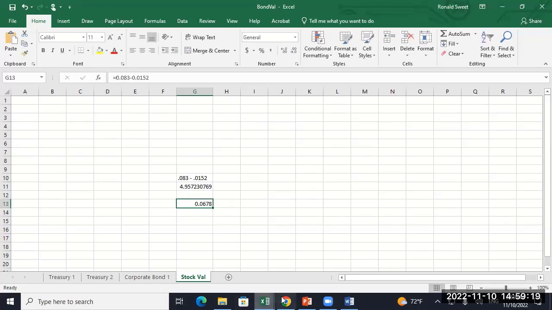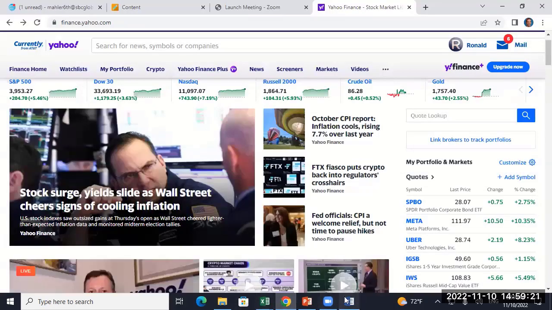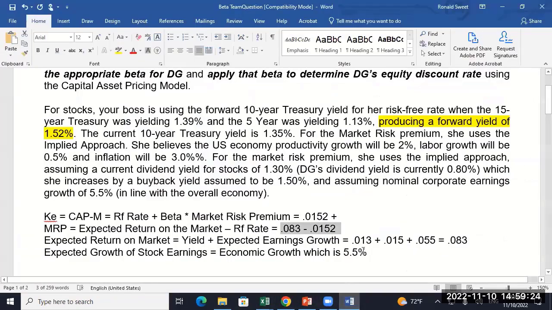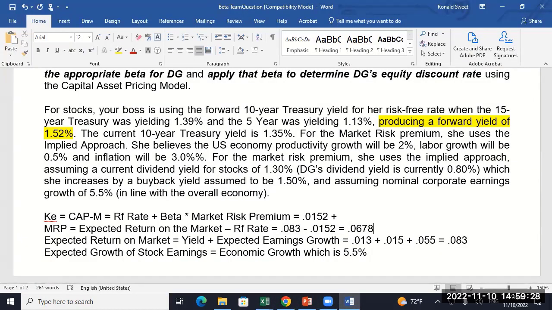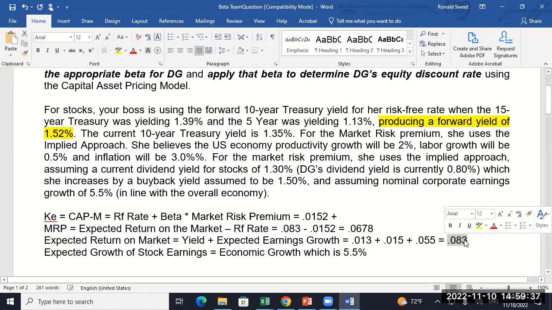I get 678. Does that sound right? That's a really high risk premium. Why? Because interest rates are so low. This 8.3 is pretty normal. We'll see that today.